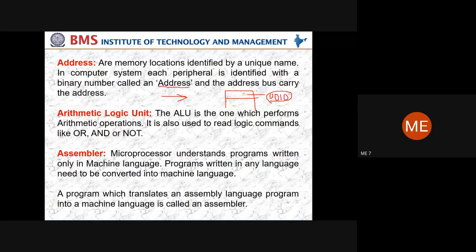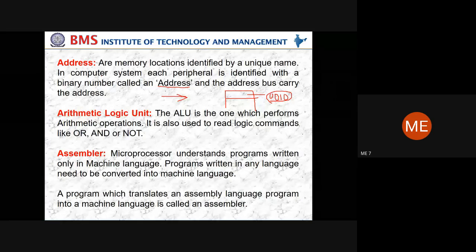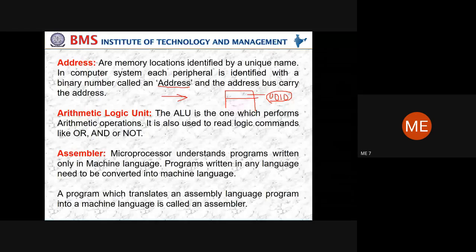But when it comes to the 8085 microprocessor, there will be 16 address lines present, AD0 to AD15. So 2 to the power of 16 is 65,536 memory locations that can be addressed.